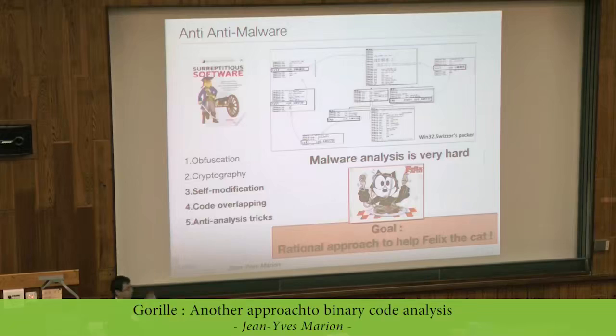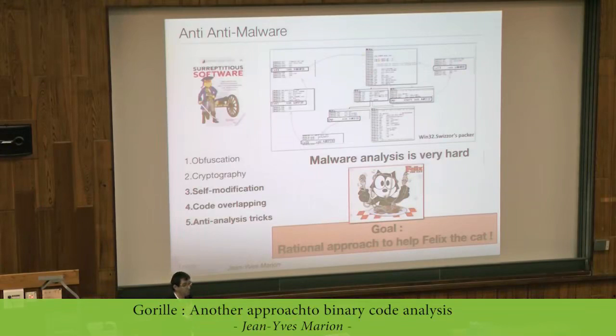Among the difficulties, there are of course all these obfuscations, and we have seen some examples this morning. All the cryptographic functions inside the code to hide some information. And also these 3 last items, which are self-modification, I'm going to talk a lot about that. Code overlapping, which is not too difficult, but still you have to be very careful. For example, if you look at a well-known disassembler like IDA, with some code overlapping, IDA is not able to deal with that.